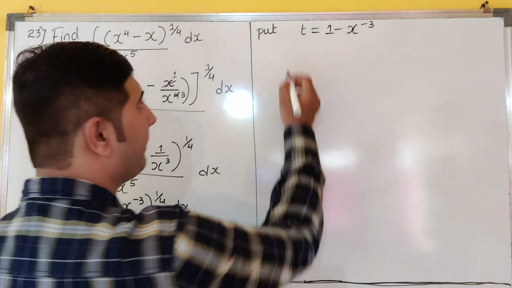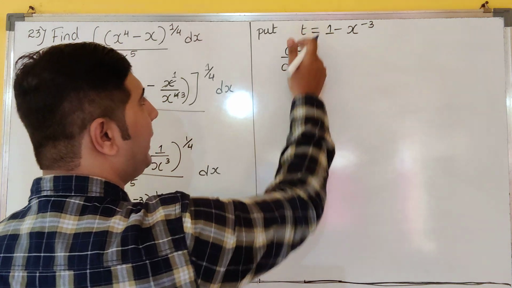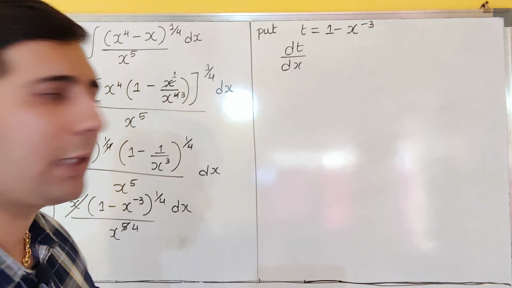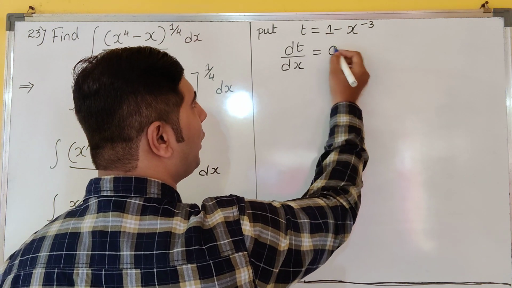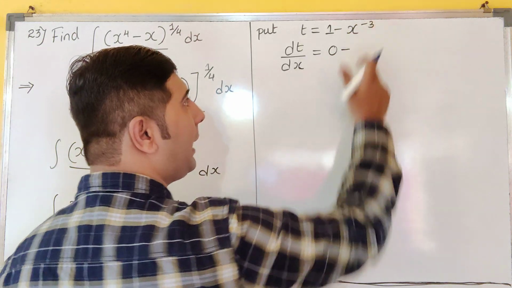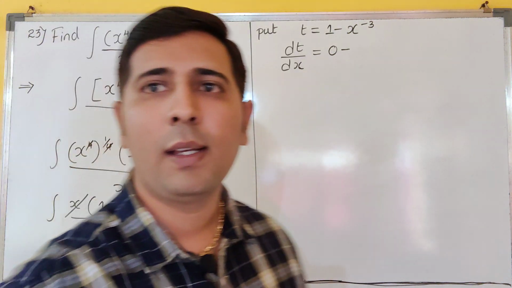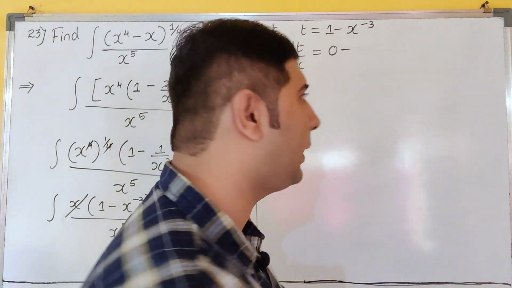Now how to solve, you see. I will take the derivative of this with respect to x. dt by dx it will become, as we have seen in previous videos, derivative of 1 is 0 and the minus sign is there. x raised to minus 3 derivative is what? x raised to n derivative is n into x raised to n minus 1, or not?